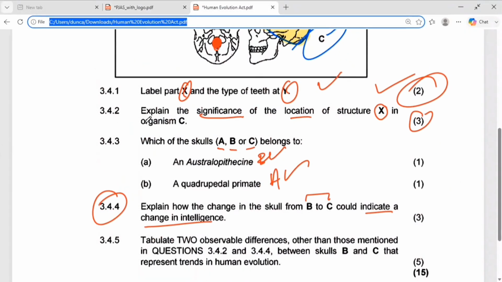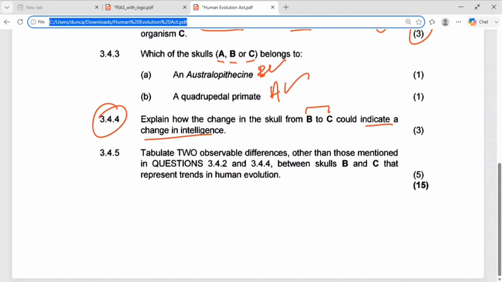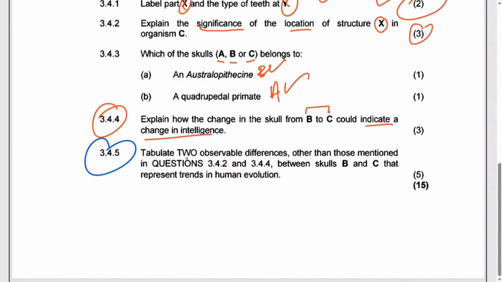Now the question says: tabulate two observable differences, other than those mentioned in questions 3.4.2 and 3.4.4, between skull B and skull C that represent the trend in human evolution.